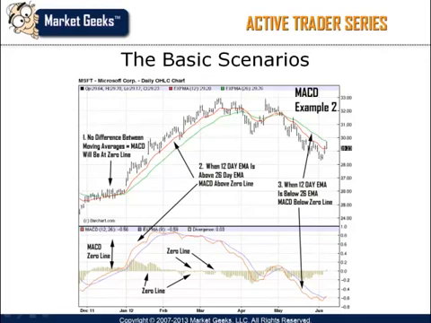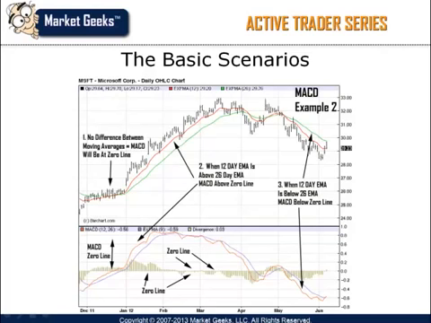First, notice when the fast and slow moving averages come together on the upper part of the chart, the MACD is exactly at the zero center line. The MACD is just the difference between the two EMAs. If there's no difference between the two, then the MACD will be at the zero line. Second, when the fast 12-bar EMA moves above the 26-bar EMA, the MACD moves above the zero line.